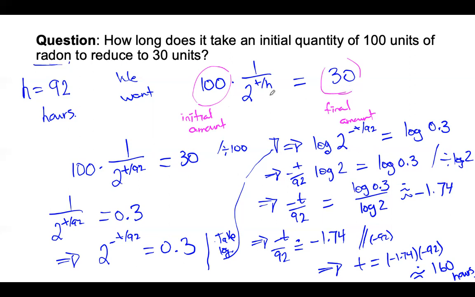If it were 1 half-life, 100 would go to 50 in 92 hours. 50 would go to 25 in 184 hours. Here we have 160 hours, which makes sense as a check. Does this answer make sense in terms of the half-life? Do I have a reasonable answer?